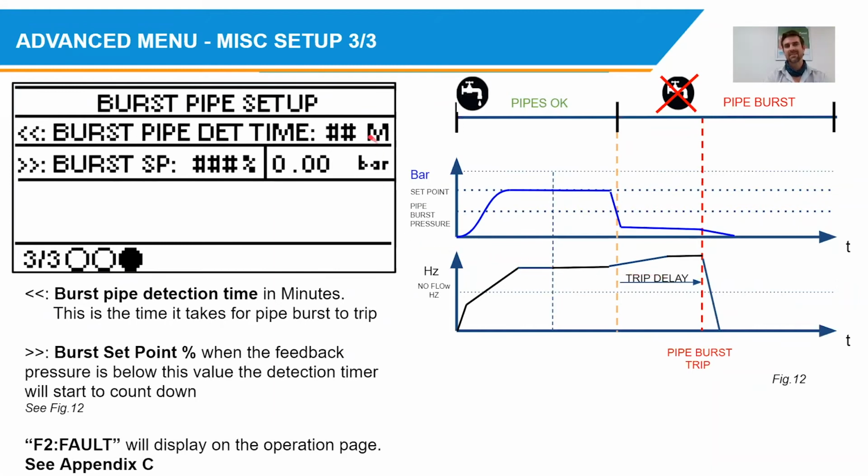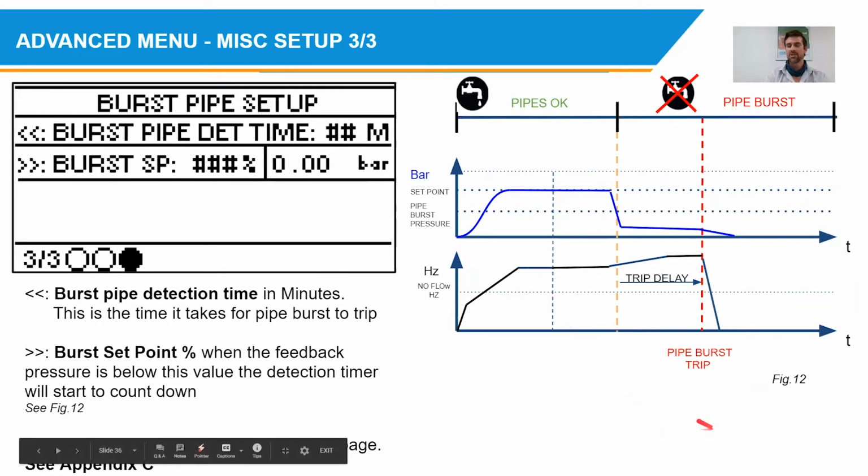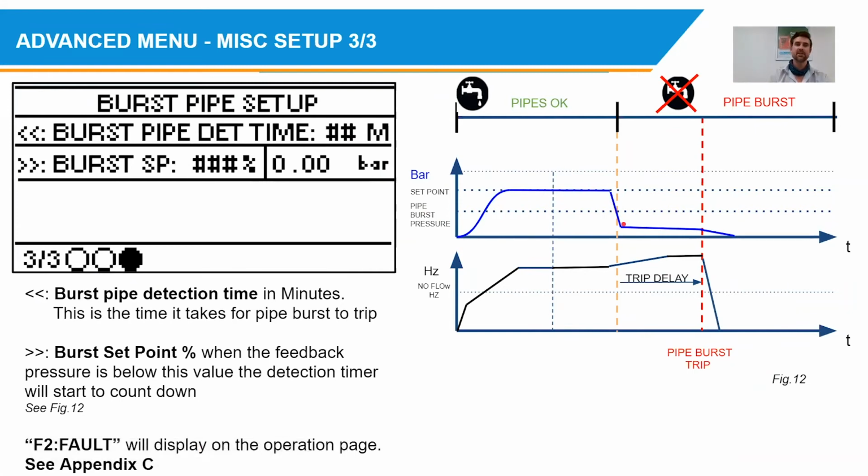The pipe burst timer is set in minutes, not seconds, but minutes. So you try not to have this interfere with any other trip delays. Again, this is based off of pressure. So you need to be below a certain pressure for a certain amount of time. If that's the case, pipe burst can be enabled and triggered.